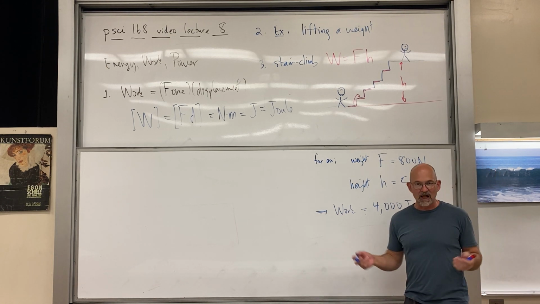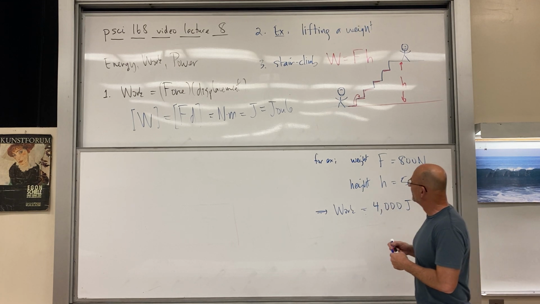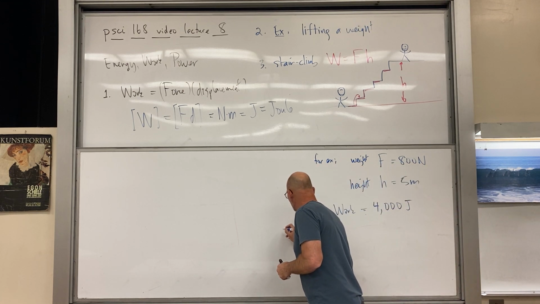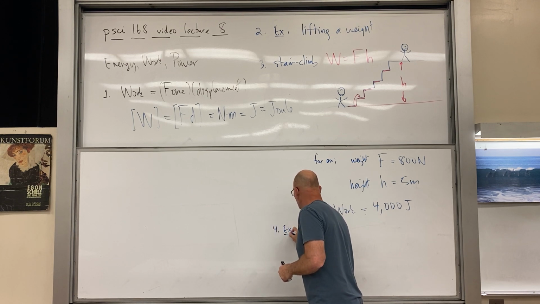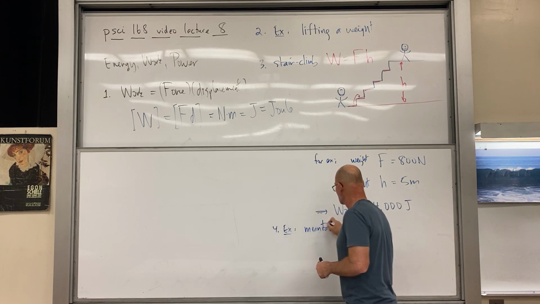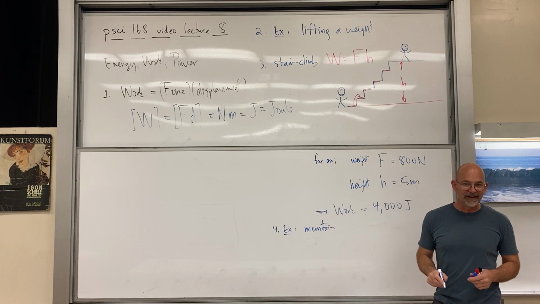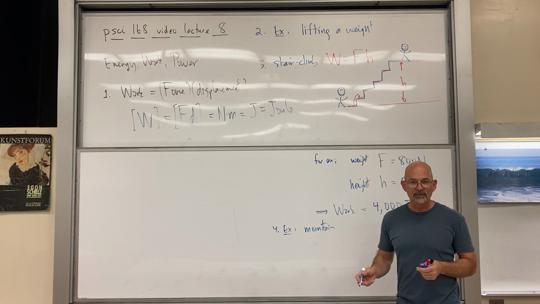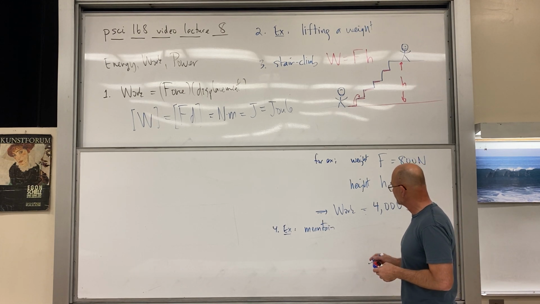A mountain climb would be the same kind of example. So, for example, a mountain climb, well, you may climb 1,000 meters in several hours or half a day or something.